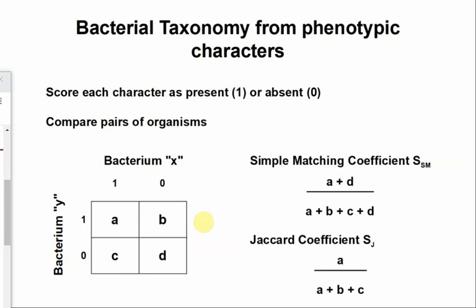Now, this coefficient is going to be somewhere between 1 and 0. Imagine your bacteria have nothing in common. So like A, this is going to be 0 here, right? And B and C will be some kind of number. If they are totally different, the matching coefficient and the Jaccard coefficient are going to be 0. If they're absolutely identical, it will be 1.